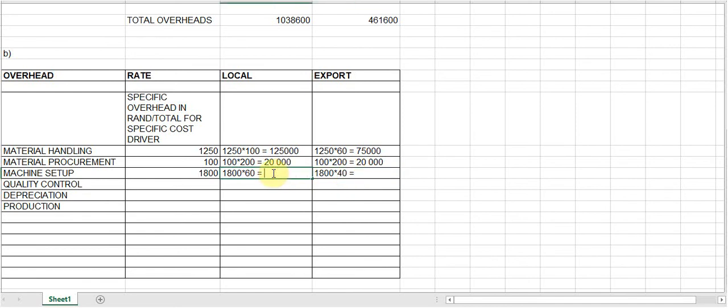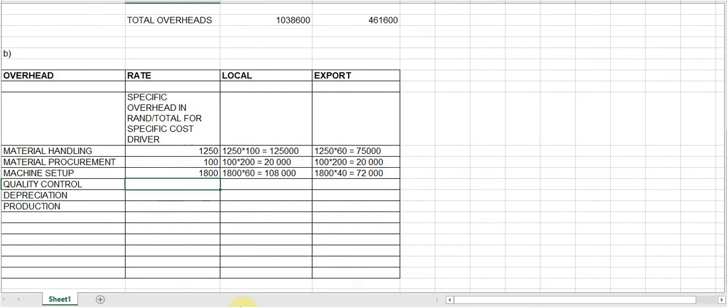So if I now take my calculator and say 1,800 and I times that by 60, I get to an answer of 108,000 rand. And if I take the 1,800 and I times it by 40, I now get to a total of 72,000 rand.